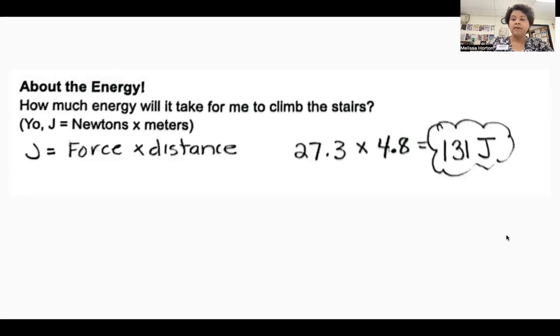Okay. The very bottom, energy, joules, equals force times distance. Well, here's the force I just found. Distance, same as the beginning, going up the stairs. And my calculation was 131 joules. Again, yours will be different because your force is going to be different.